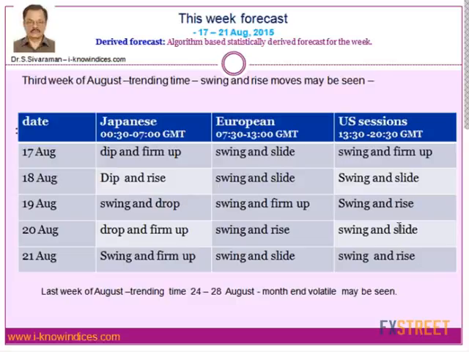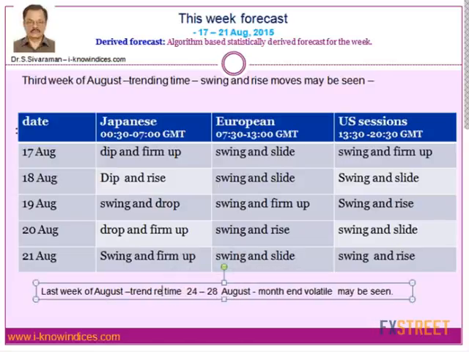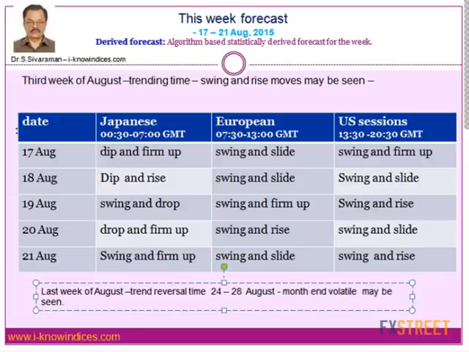So the following week, last week of August, you'll come across the trend reversals. It is not trending. Trend reversal move being the last week of the month of August, they are expected to make either way moves in the market.